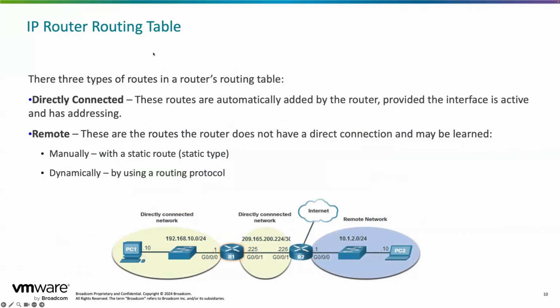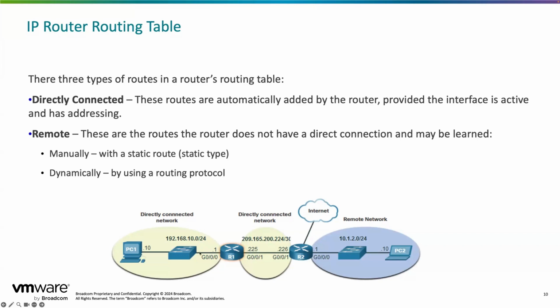When we look at the routing table, there are three different types of routes, which I also call route entries, in the routing table. From R1's point of view, there are two directly connected networks, because they are directly connected subnets: 192.168.10.0/24 and this one.